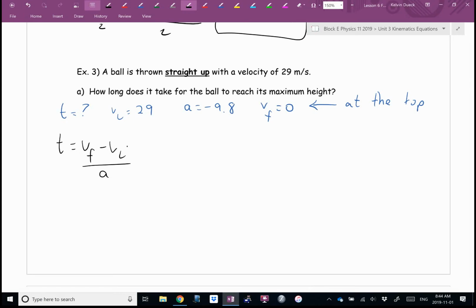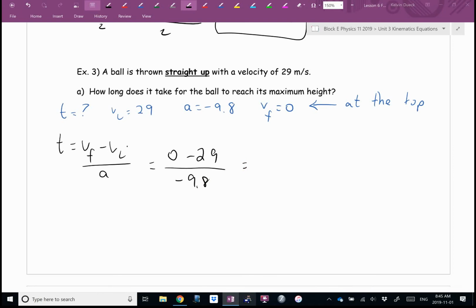Time is always positive. If you ever get a negative time, don't just chuck the negative. That means you've made a mistake somewhere. Time is the scalar. It will always be positive. Everything else we're doing is vectors, and up will be positive and down will be negative. So I get 0 minus 29. I started to get nervous because the top was negative, and then I went, oh, no. I'm dividing by a negative acceleration.